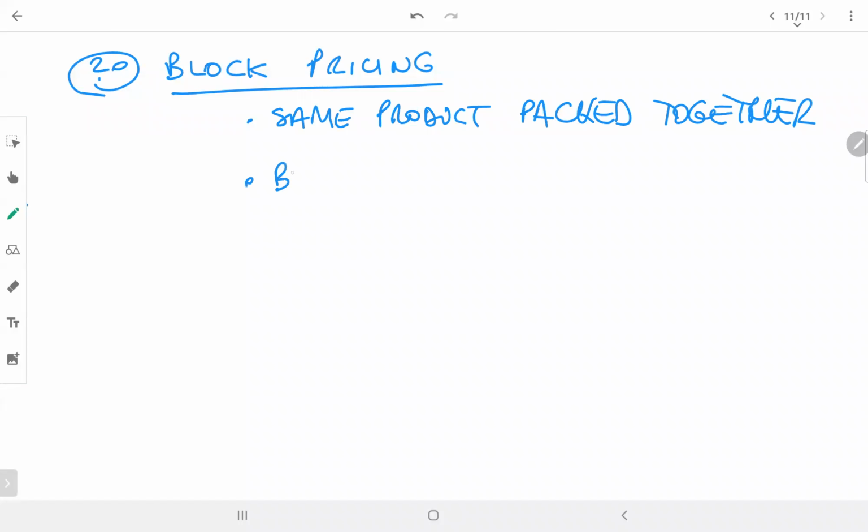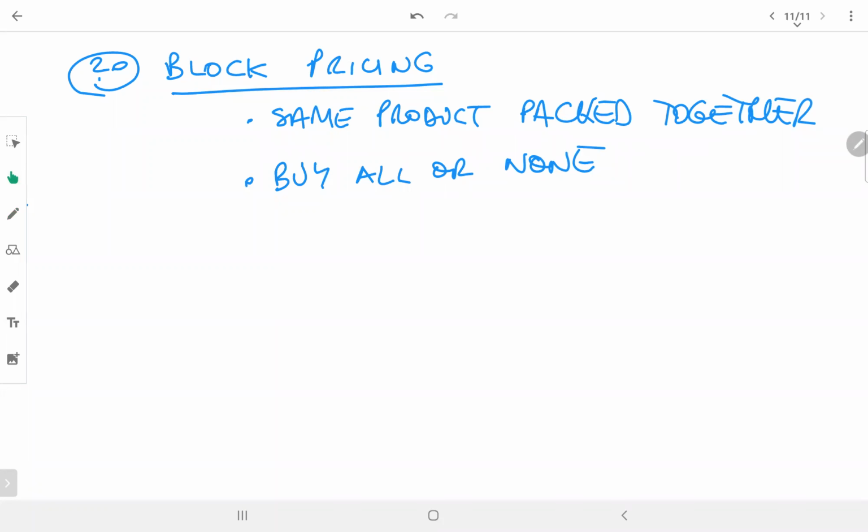And this is a buy all or none. For example, a 6-pack of beer. For example, a package of 4 toilet rolls, toilet paper. You can't just open the package and buy 1 roll. You can't just take 1 beer from the 6-pack. You buy all or none. That's block pricing, okay? And it's the same product.